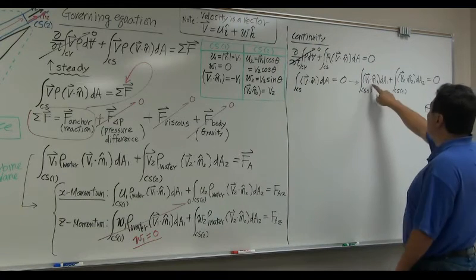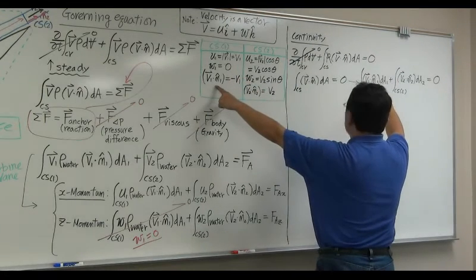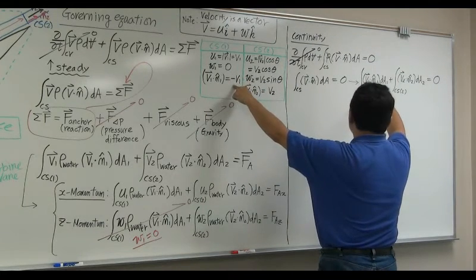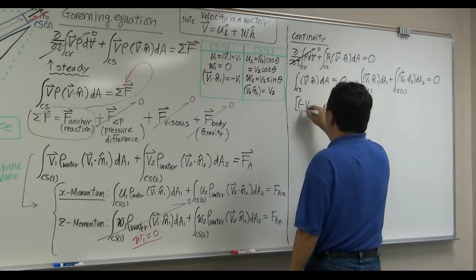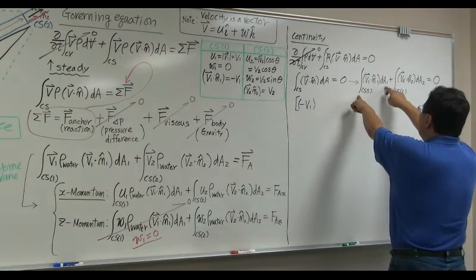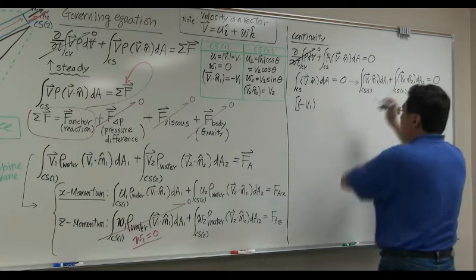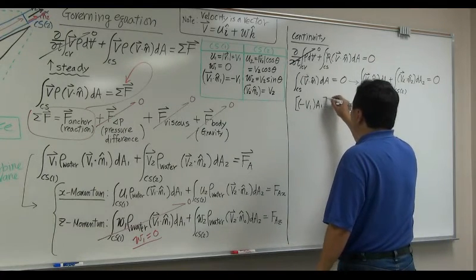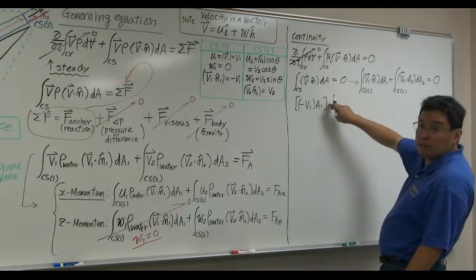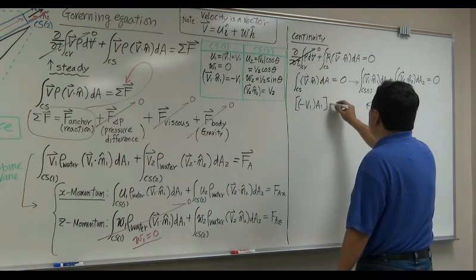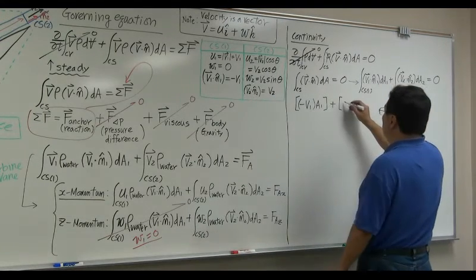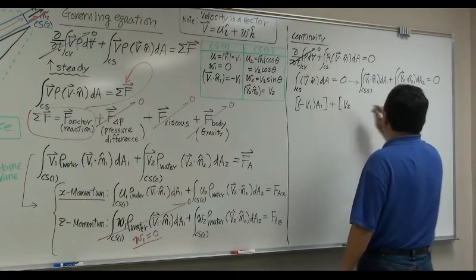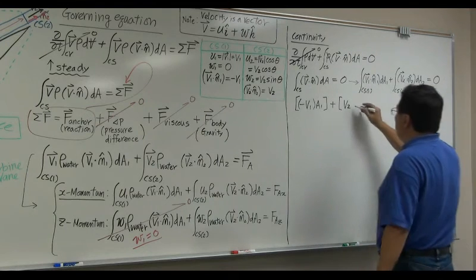Then what's B1 dot N1? You know that. It's minus B1. Integrating over control surface 1 gives A1. What about B2 dot N2? That's B2, isn't it? Integrating over that gives A2.